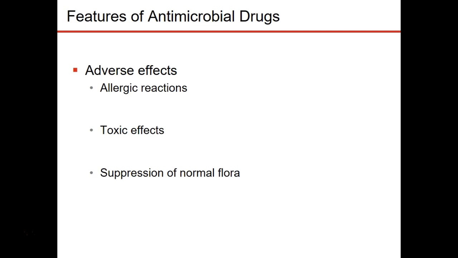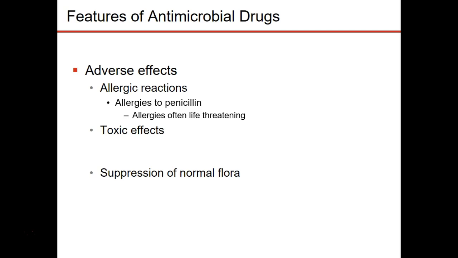Allergic reactions. Some individuals are actually allergic to certain antibiotics. The most common allergic reaction is against penicillin and amoxicillin, because penicillins can basically bind to a host's molecules and become antigenic, so that they're considered a hapten.